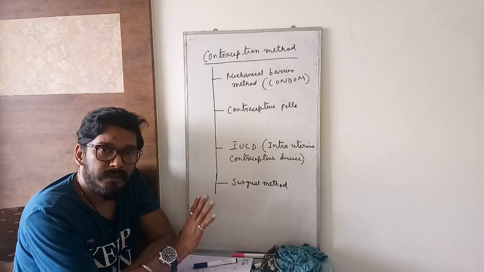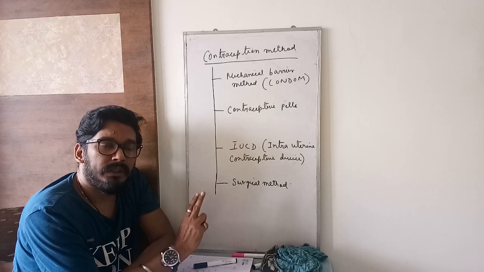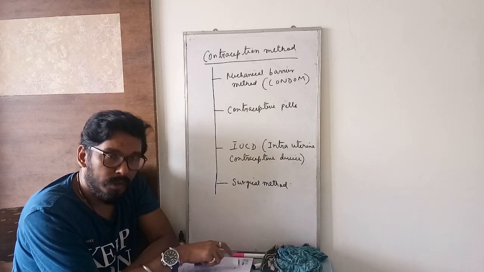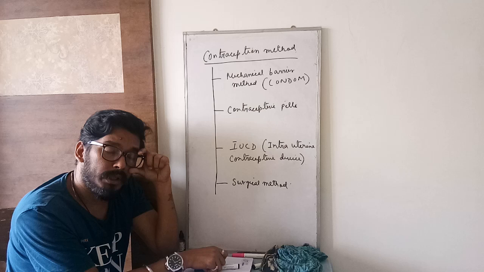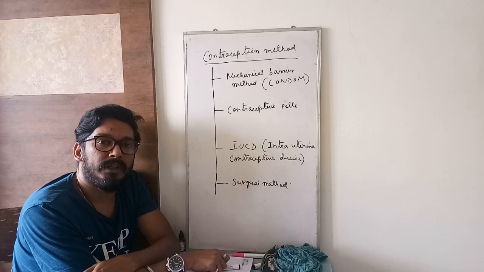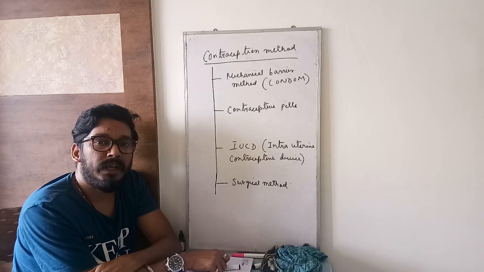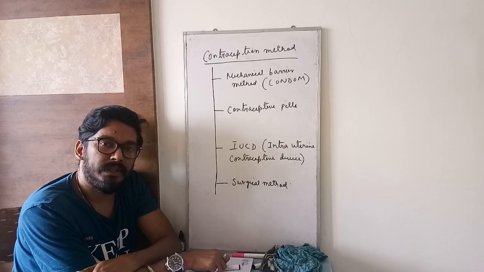This is done in males, and in females it is tubectomy. In tubectomy the fallopian tube is blocked. When the fallopian tube is blocked, the sperm will not find its way to the egg. It will not come in contact with the egg, and when it does not come in contact with the egg, no fertilization will take place.